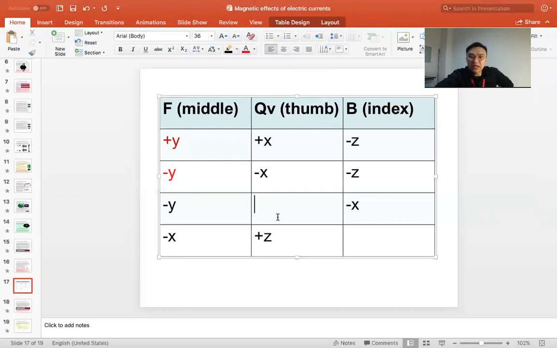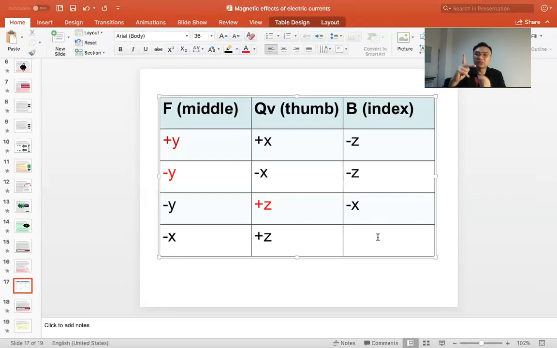The magnetic field is negative X. So here is my index finger, and it's going negative X. My middle finger is negative Y. As you can see here, my thumb is going into me, which is out of the board. So this is going to be positive Z.